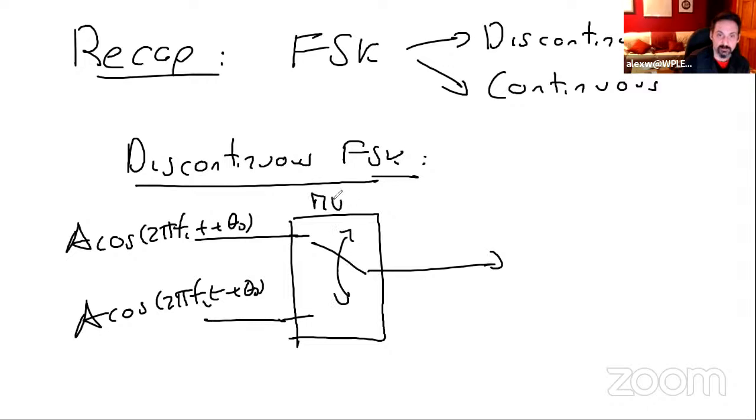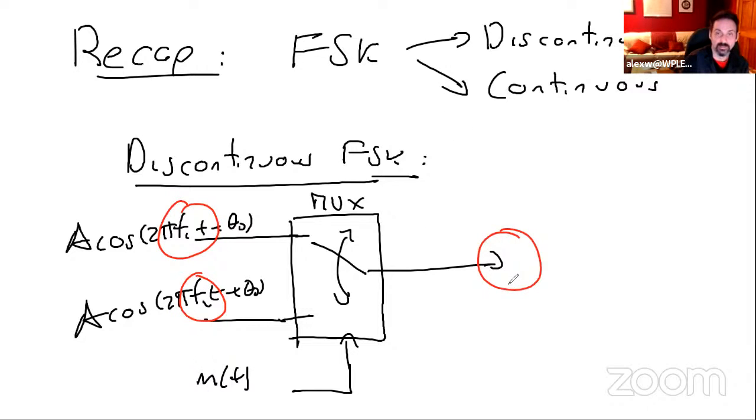That's our multiplexer, and we selected one of two possible frequencies, and that's what gets outputted at the end of the day.